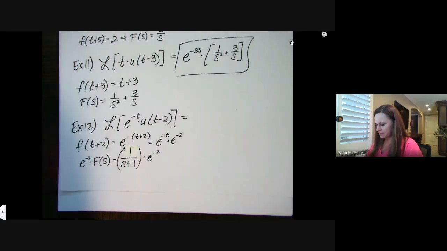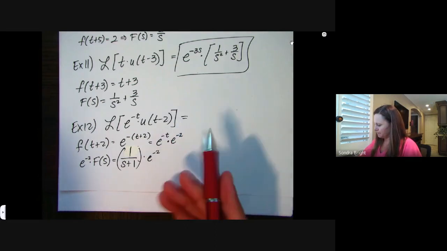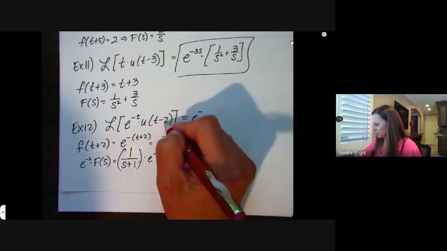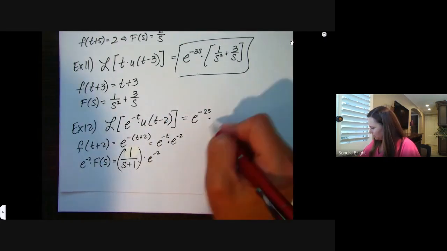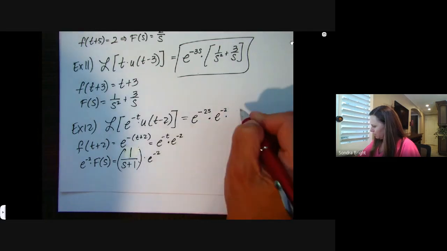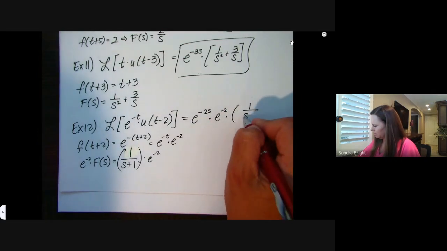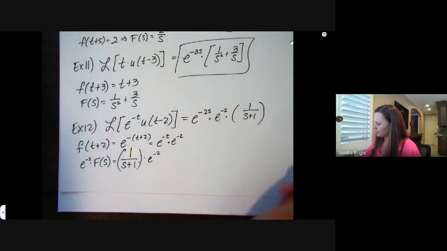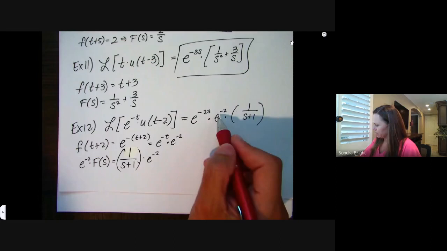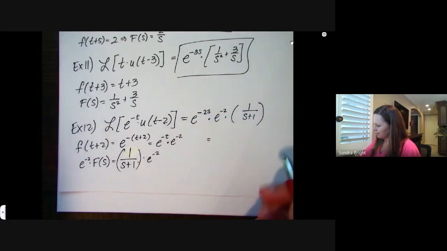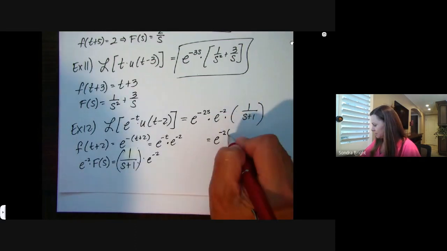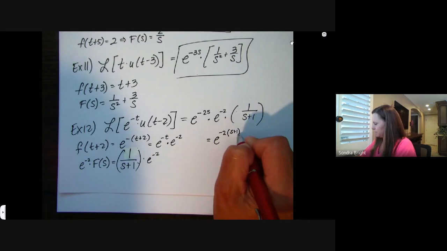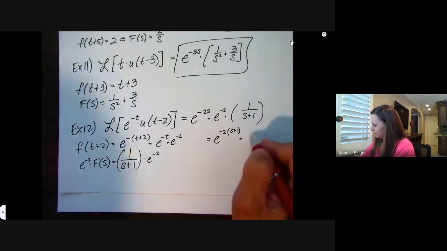That means that I have e to the negative cs, so 2s, and then times e to the negative 2 times 1 over s plus 1. You could leave it, but you can actually clean this up because they both have the same base. So this is equivalent to e to the negative 2s minus 2, which is negative 2 times the quantity s plus 1, and then times 1 over s plus 1.